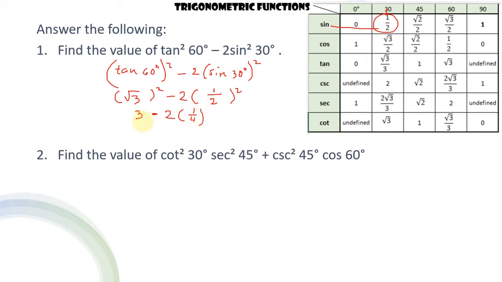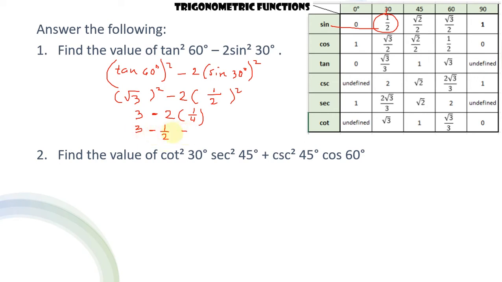We're going to get the difference of these two numbers, since the rule is we have two numbers that need to be multiplied. So we have 3 minus, then multiply first this one. This will give us 2/4 or 1/2. And then 3 minus 1/2. Of course, you need to look first for the LCD, and that LCD is 2.